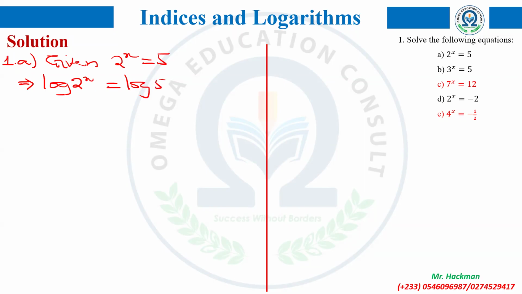At this point, this log will bring down the power, like I said. x must come down. So we are going to get x log 2 is equal to log 5. But what are we looking for in this equation?